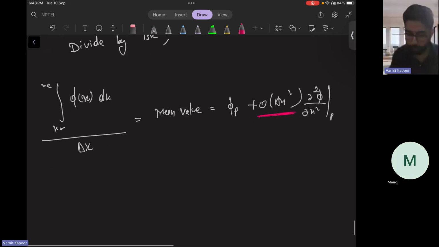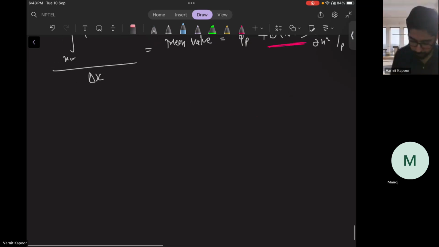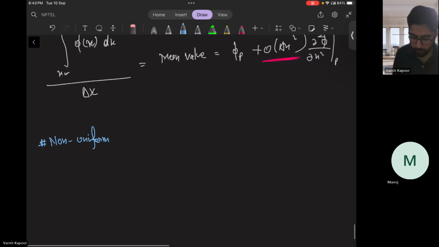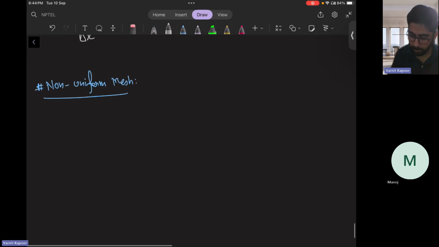Okay, let's come to the non-uniform mesh part. Suppose your mesh is something like this.